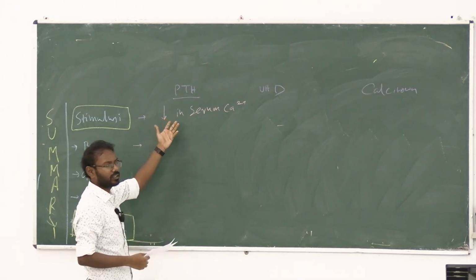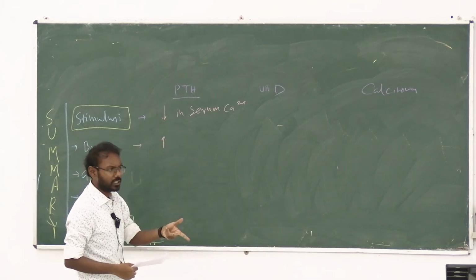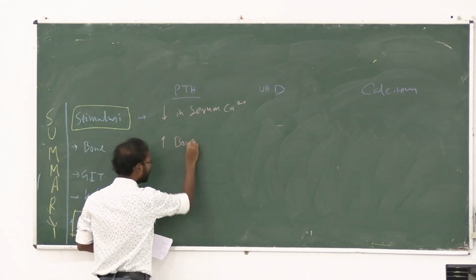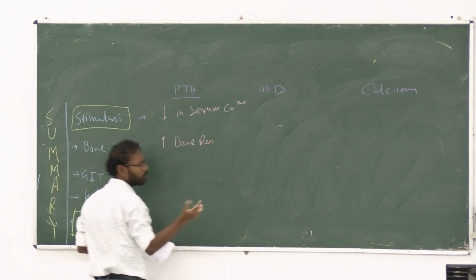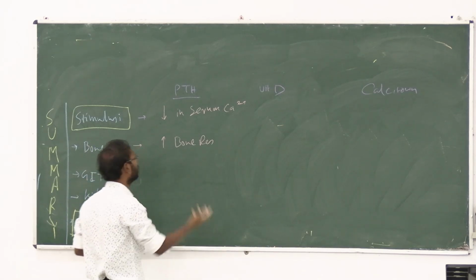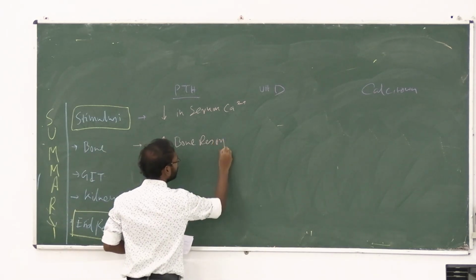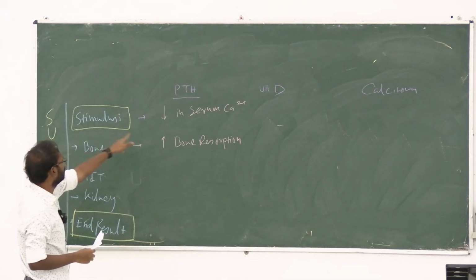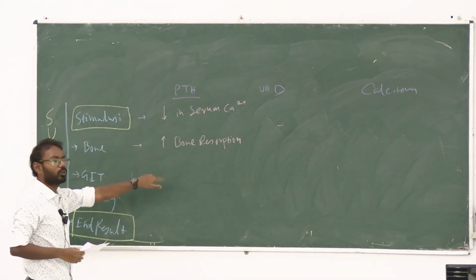What was PTH doing? Differentiation of osteoclasts, ultimately increasing bone resorption. Osteoclasts are responsible for bone resorption. So write down: in bone, PTH increases bone resorption.